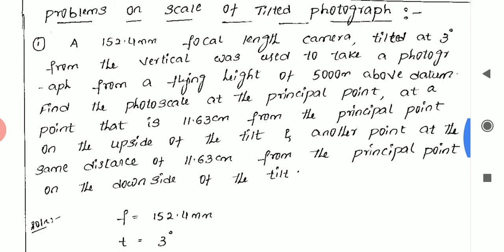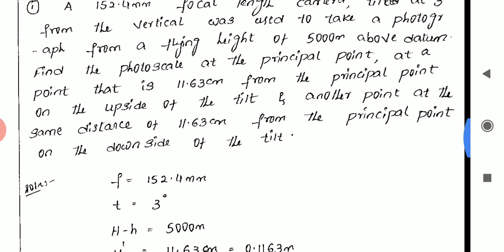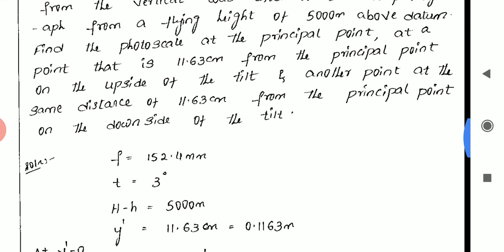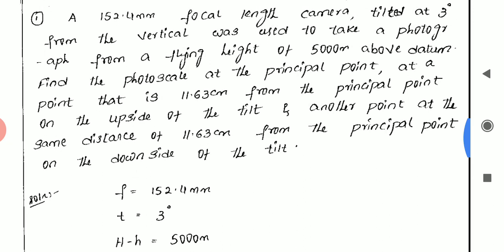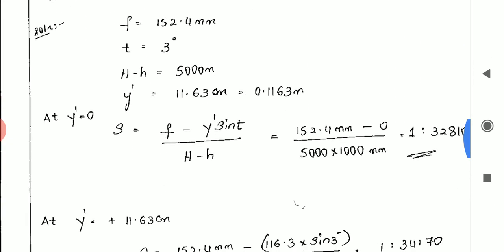So in the question, he asked to find the photo scale at the principal point. See here, f is mentioned, t is mentioned, H minus h is already mentioned, and also y dash is mentioned.